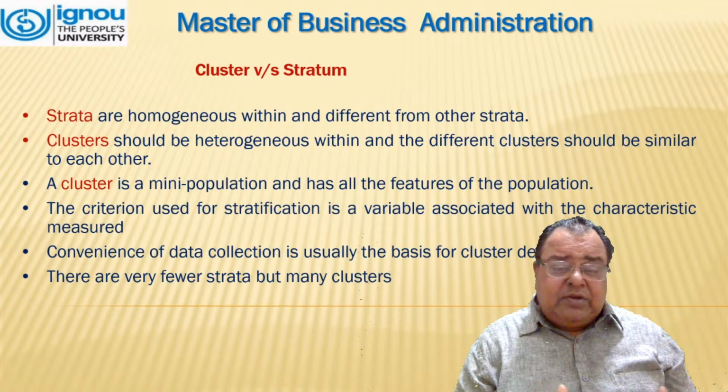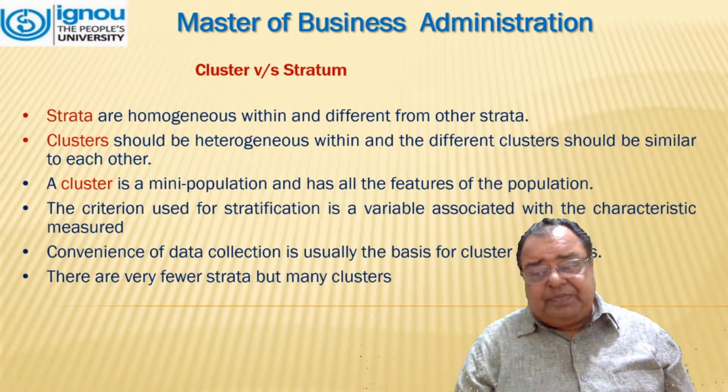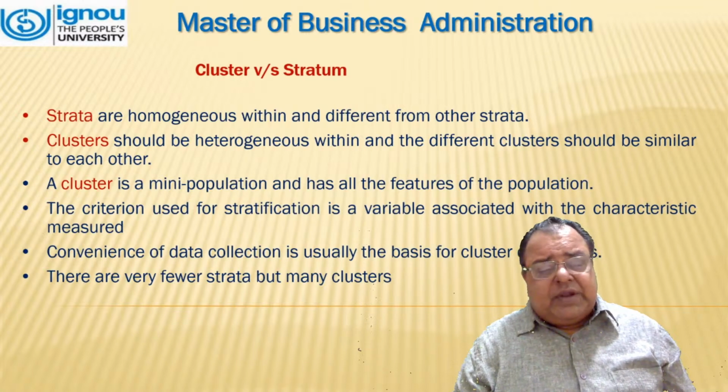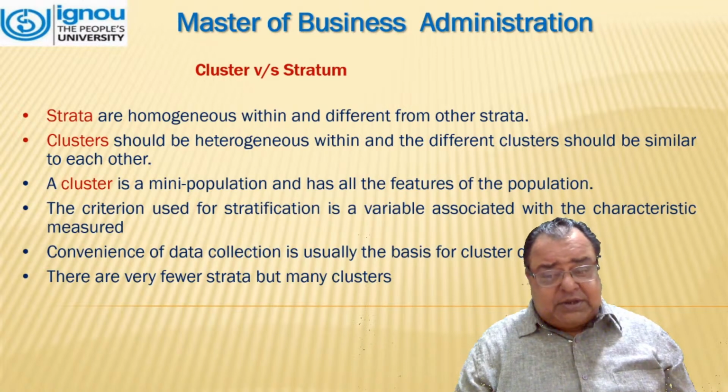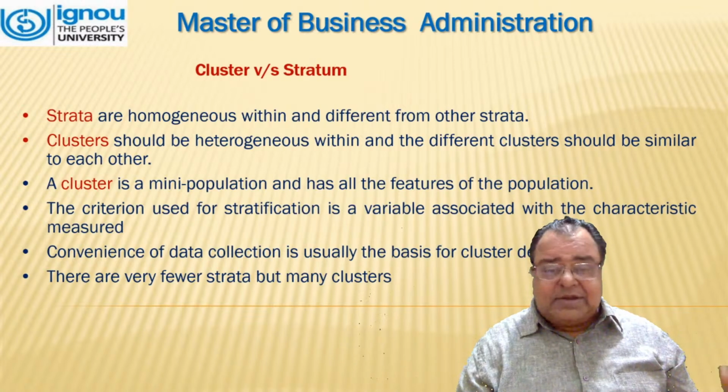The criteria used for stratification is a variable associated with the characteristics measured. Convenience of data collection is usually the basis for cluster definitions. And there are very few strata, but there are many clusters.